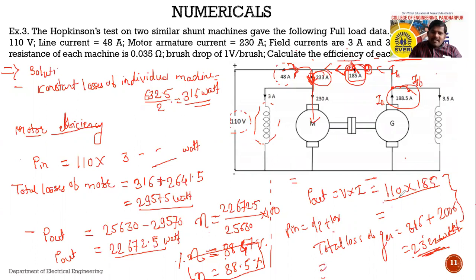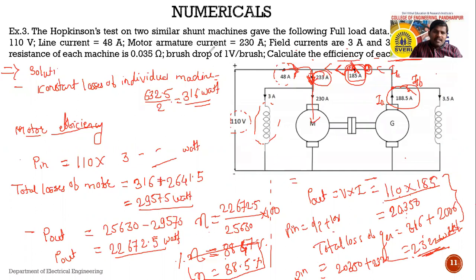So output power माहिती आहे तुम्हाला, 110 गुणिले 185 किती आलं? किती आले आउटपुट पॉवर? 20350 ना? हा, येस. हा, ही आउटपुट पॉवर झाली. याच्यामध्ये लॉसेस मिक्स करा, दॅट इज इनपुट पॉवर मिळेल. दॅट इज पी इन इज इक्वल्स टू 20350 प्लस 2322. याच्यावरून पी इन मिळेल, दॅट इज इनपुट पॉवर.